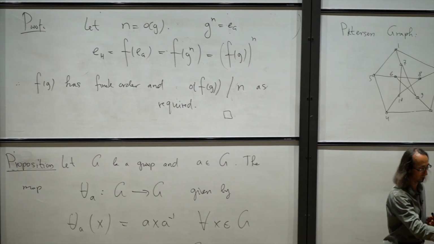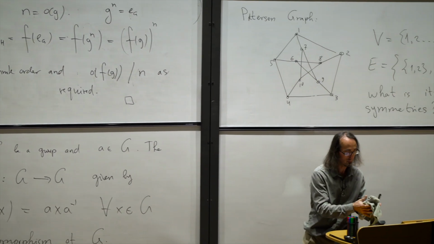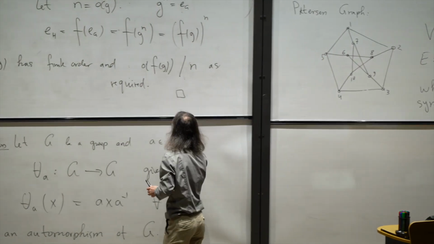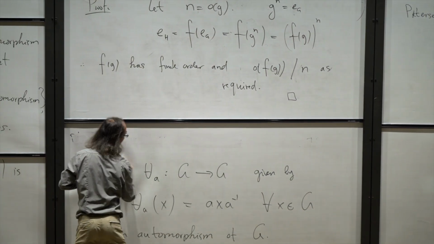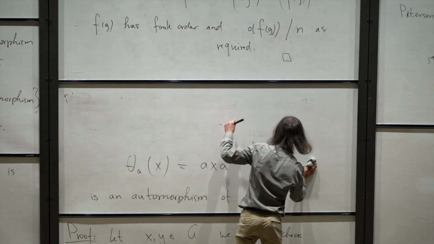As a consequence of that, in the case of automorphisms, we can deduce that an element and its image have the same order.